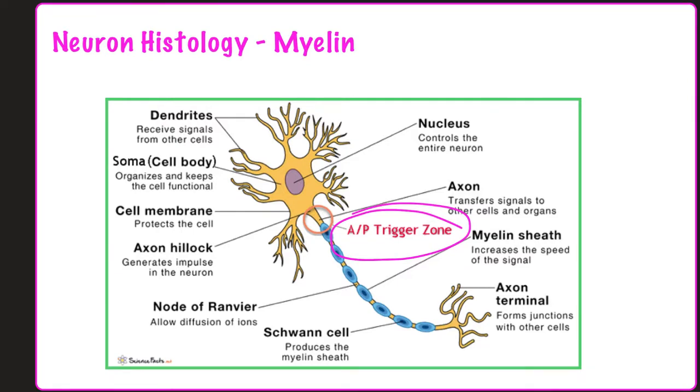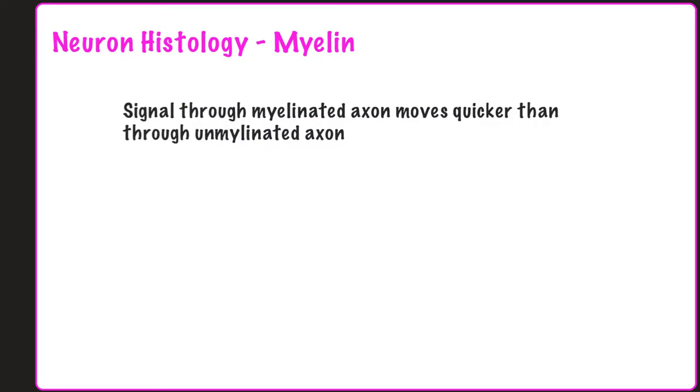So we're setting up for the idea that if an axon is myelinated, it is going to conduct the signal much quicker, because the signal is going to come from the dendrites through the cell body down the axon. If an axon is myelinated, then the signal is going to conduct much faster because it's almost as if it jumps from node of Ranvier to node of Ranvier to node of Ranvier.